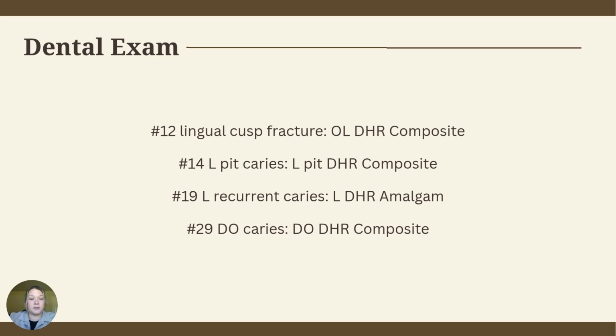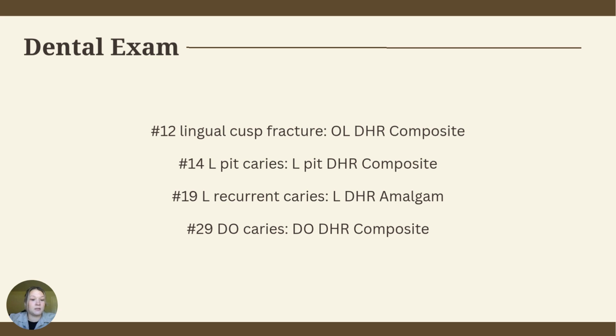And back to his dental exam and his active carious lesions, number 12 has a lingual cusp fracture. The dentist recommended an OL DHR composite, so actually all of his restorations were DHR appropriate. Number 14 had lingual pit caries.